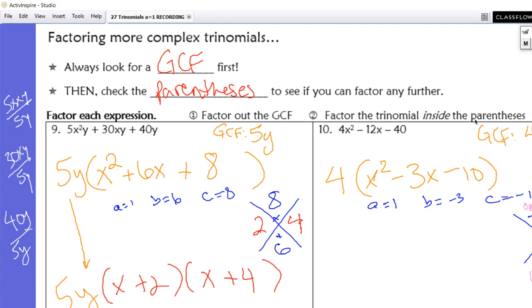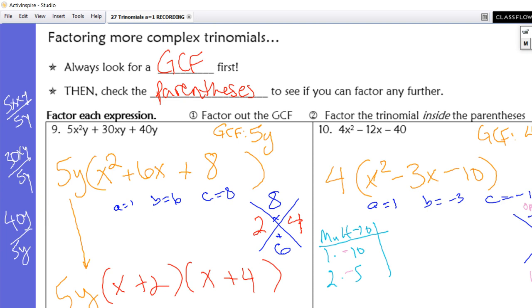Okay, now let's do our thinking. I'm going to think about ways to multiply to 10. My ways to multiply to 10 are 1 times 10 and 2 times 5. The larger needs to be negative, so on the larger of those values, I'm going to put a negative down.